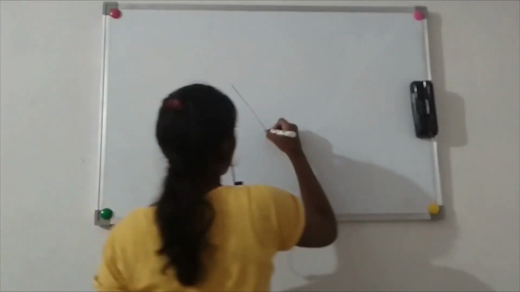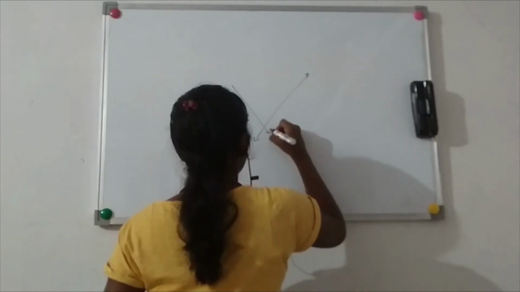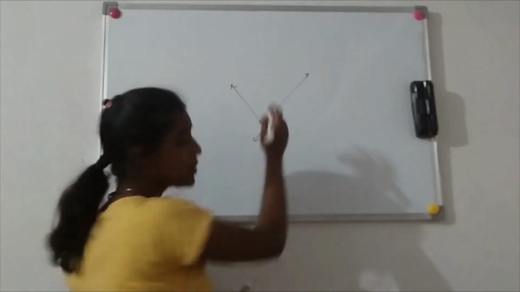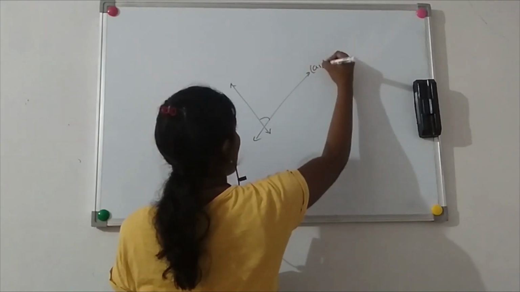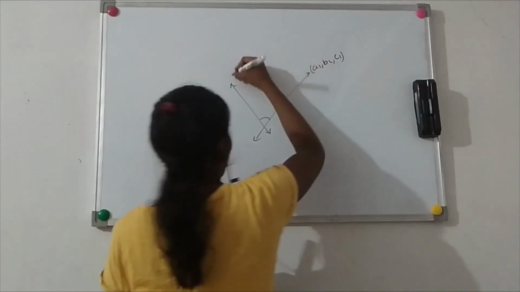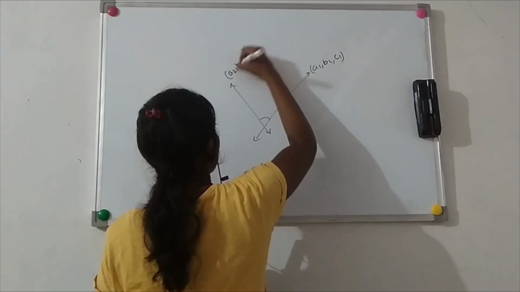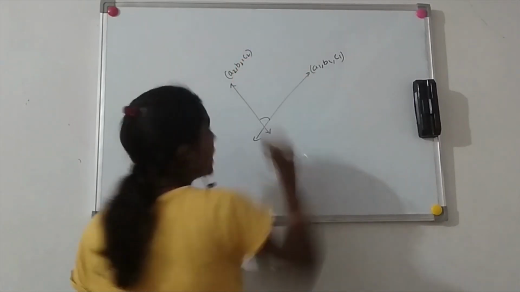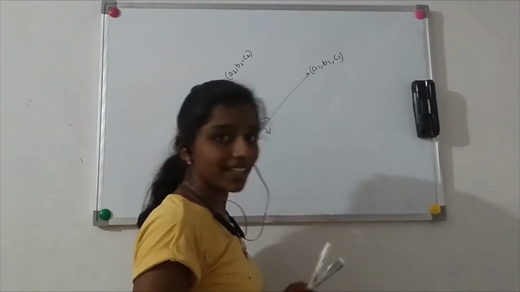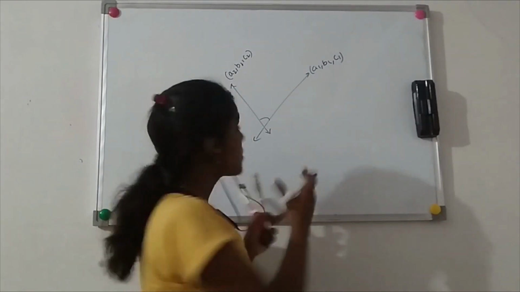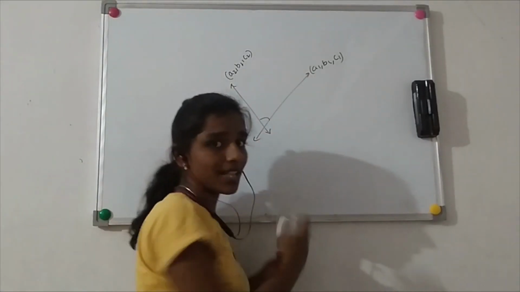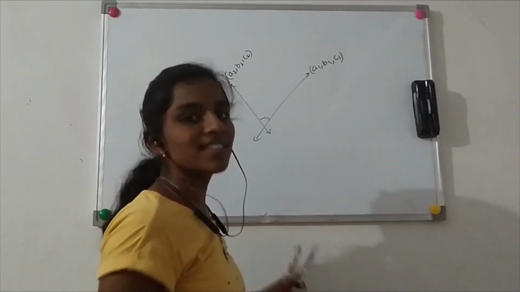If these are the two lines, and the DRs of this line are A1, B1, C1 and of the other line are A2, B2, C2, and we need the angle between the lines, then the formula is the same, ditto.